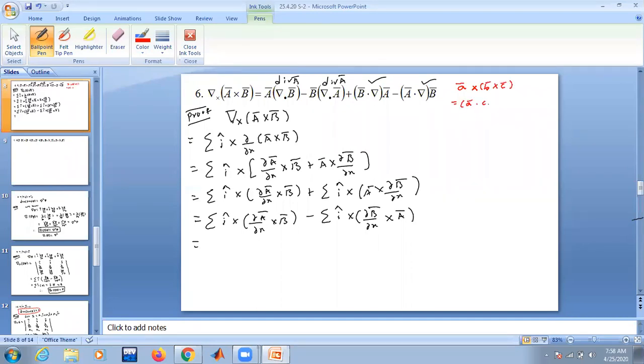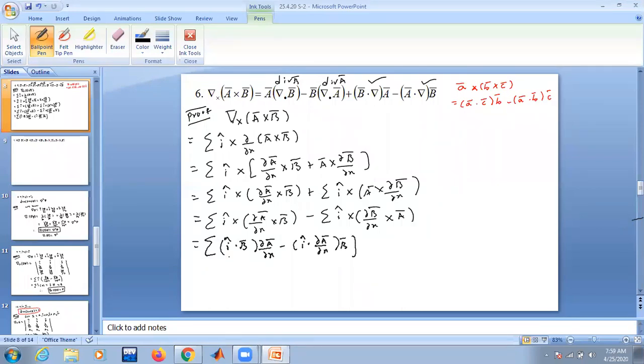A dot C into B bar minus A dot B into C bar. Am I right? So according to that formula, I can write this as sigma I bar dot B bar into dou A bar by dou x minus I bar dot dou A bar by dou x into B bar.